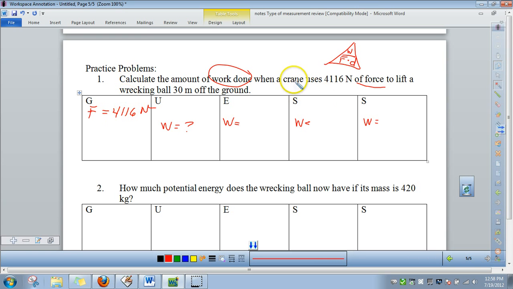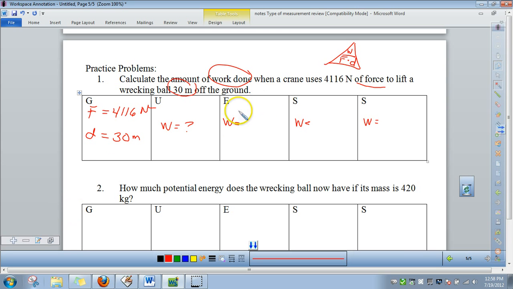Calculate the amount of work done when a crane uses 4,116 newtons of force to lift a wrecking ball 30 meters off the ground. If you're lifting something 30 meters off the ground, what would that be? Well, look at your triangle. Your options are work, distance, or force. We've already used force. We know we're looking for work. So that means 30 meters must be our distance.